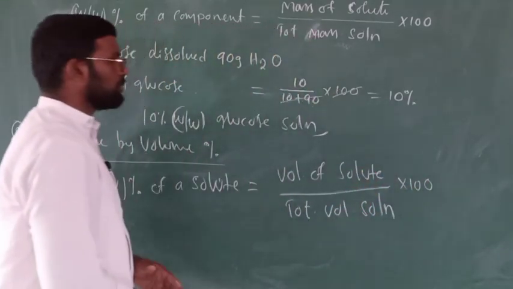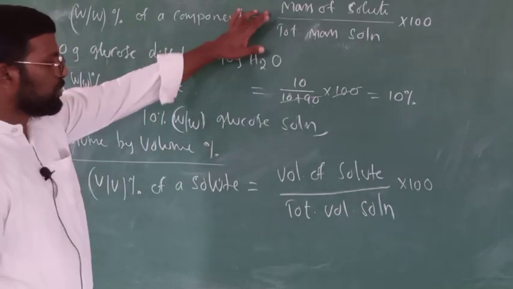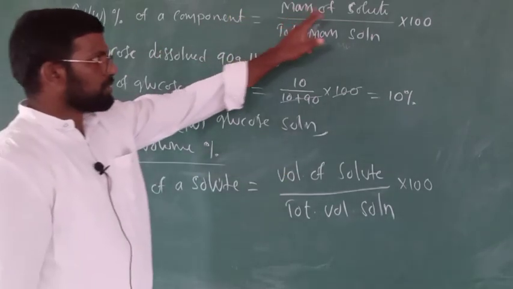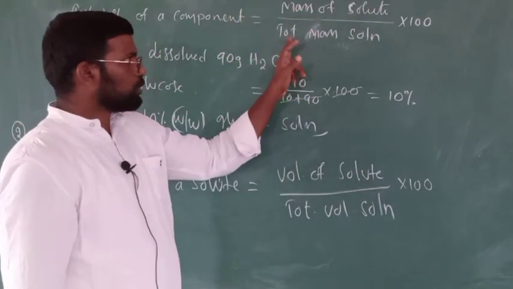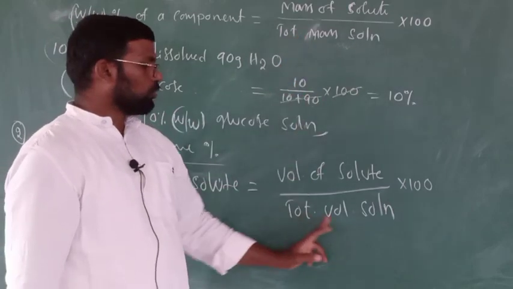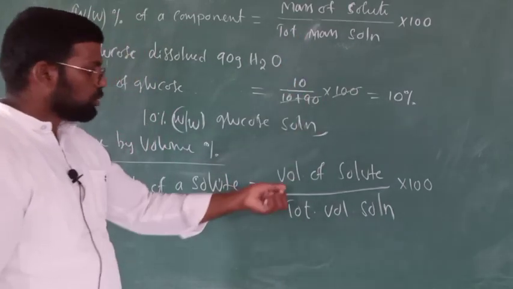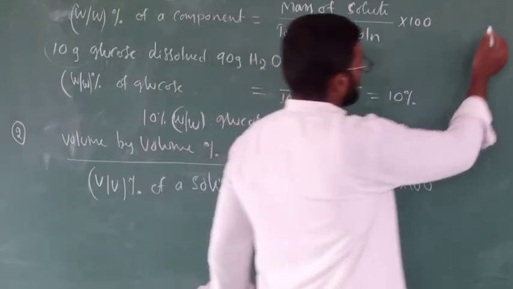So a very similar formula. Here in the place of mass we have used volume. Mass of solute, volume of solute. Total mass of solution, total volume of solution. That's it.